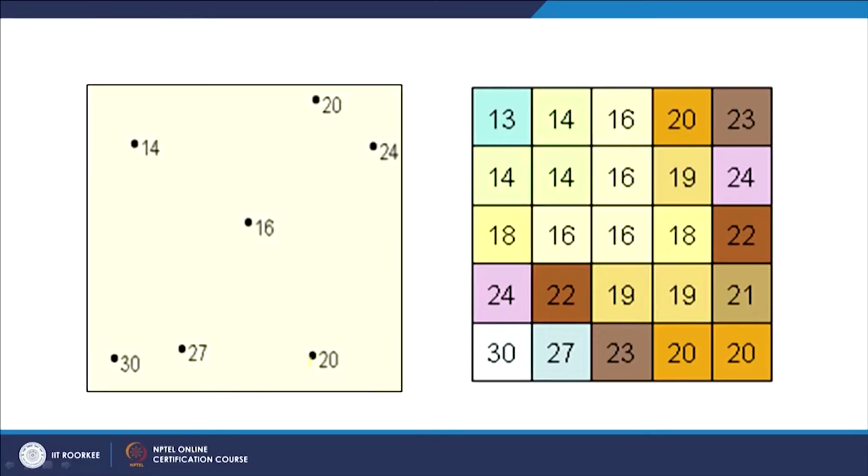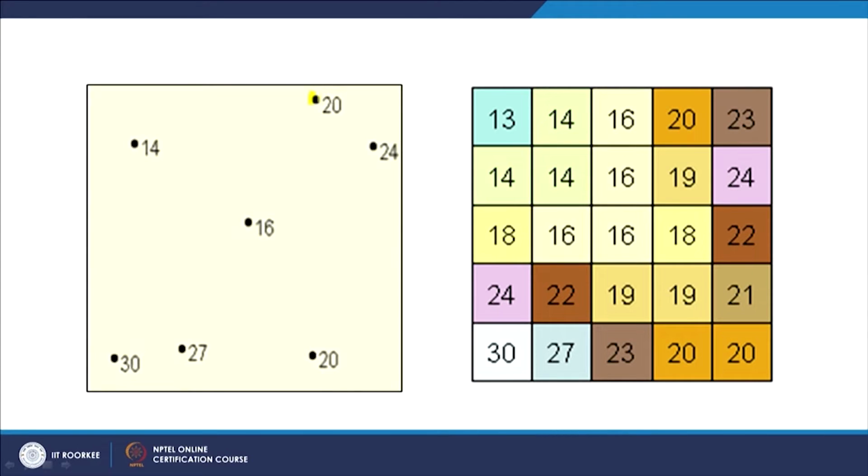Now, let us take a very simple example. Here you are seeing 7 input points, distributed randomly in space within the given extent. Using these points and applying spatial interpolation, we can create a surface. For each cell there is now a prediction; suppose these are elevation values, then for each cell there is a prediction of elevation.